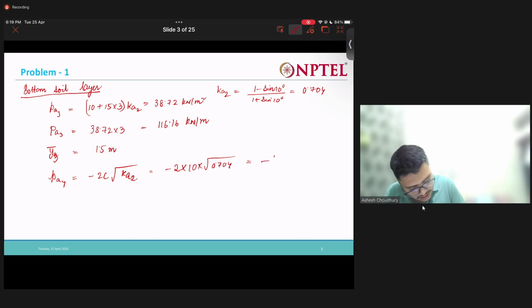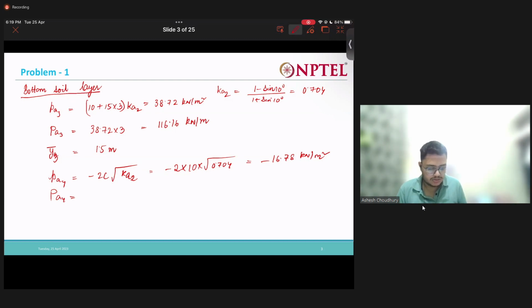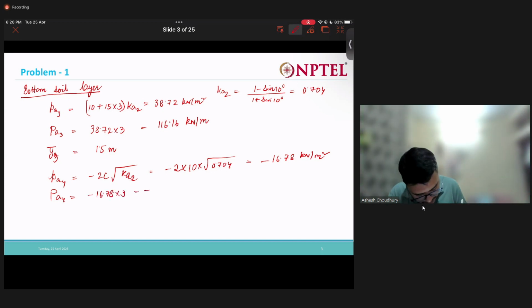So it will come minus 16.78 kilonewton per meter square. So capital Pa4 will be the area of this rectangle into 3, so minus 16.78 into 3, that's minus 50.34 kilonewton per meter.